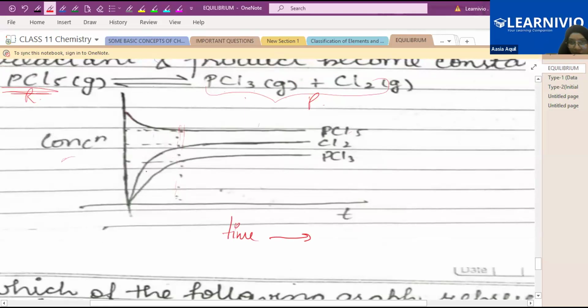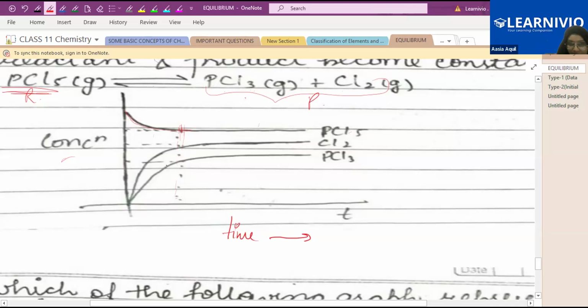First we will talk about the reactant. What is the reactant over here? PCl5. The concentration of PCl5 decreases, and after some time, it becomes constant. On the other hand, PCl3 and Cl2 are the two products in this reaction.